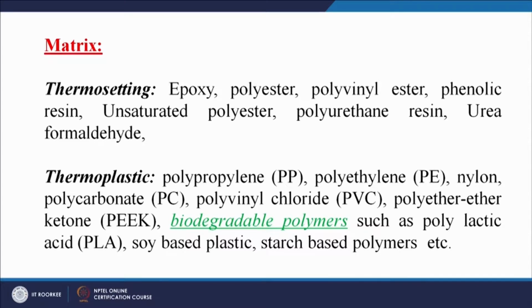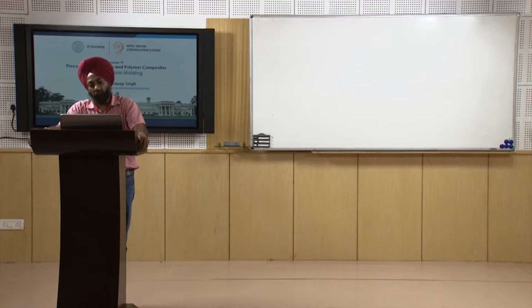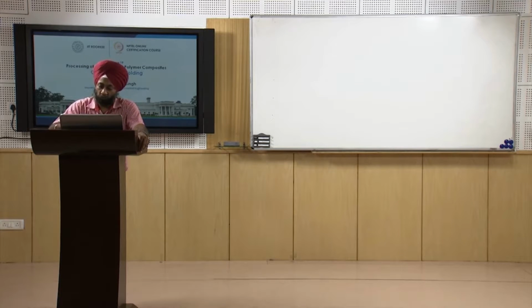Similarly, in thermoplastic we can use polypropylene, polyethylene, and sometimes we can also go for biodegradable polymers such as polylactic acid, soya based plastics or starch based polymers. So we can use thermosetting type of polymers also, we can use thermoplastic type of polymers also.